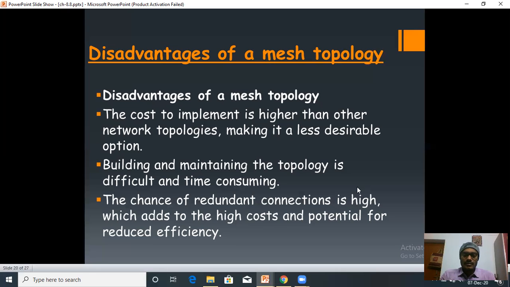Sometimes some types of computers or servers are found in the network which have no use. Such things can happen. You have invested a lot of money for that setup, but now you are not using that network. So it is simply a wastage of money. So it adds high cost and potential for reduced efficiency.